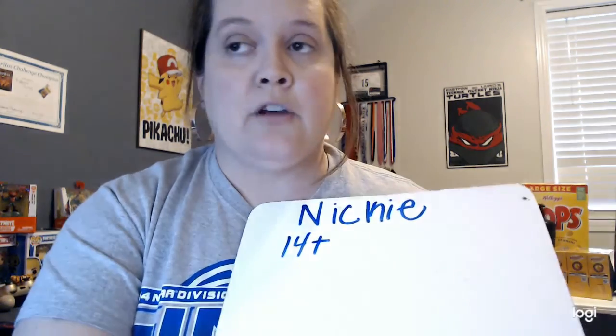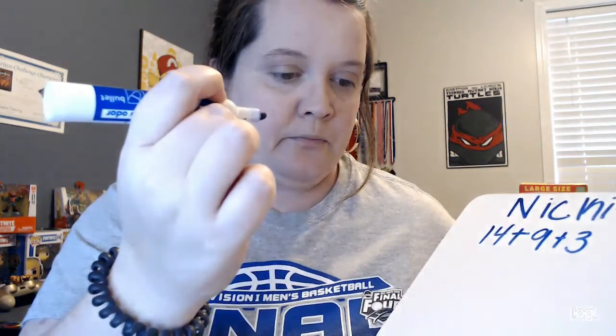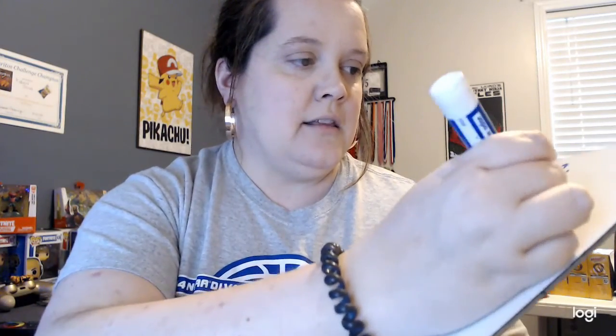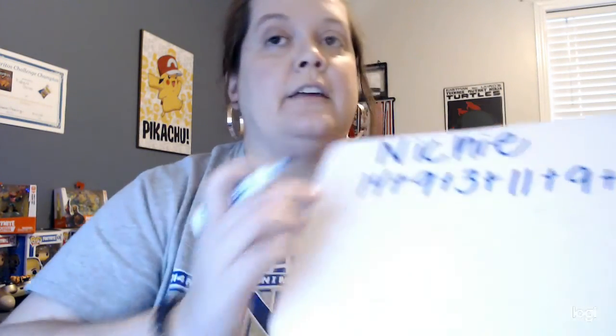N is worth 14. Then when I look at my list, I is worth 9, C is worth 3, K is worth 11, I is worth 9 again, and then E is worth 5. It's the 5th letter of the alphabet.